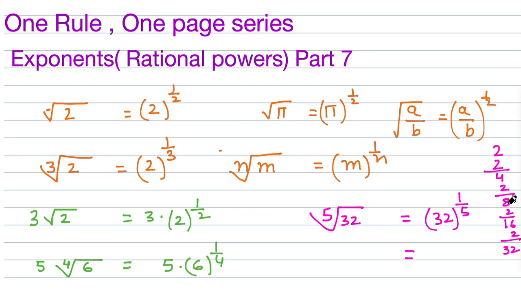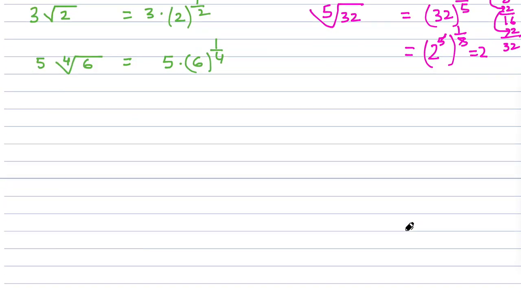So here 2 is multiplied how many times? 1, 2, 3, 4 and 5. So I can write 32 as 2 to the power 5, and then it is 1 by 5. Now according to the rules of exponents, this 5 and 5 will cancel and I'll be left with 2 only, right? So we can simplify it sometimes. Sometimes it's possible, sometimes it is not possible.